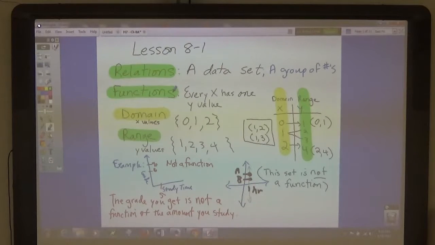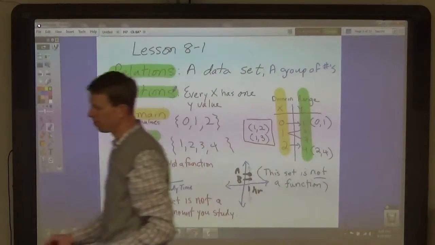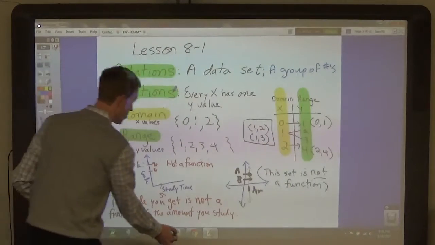Okay? So on the chart, it gives you a set of values. -4 goes with 1. So the point -4, 1 goes on the graph, right? Take a look at the board.